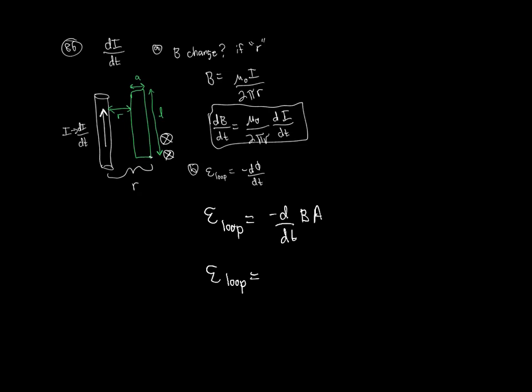Is there a dB/dt? If I'm increasing the current, is the magnetic field going to increase? Yes. Do we know how it's changing? It's increasing. Do we have an equation for it? Yeah, that was part A. We know how the magnetic field is changing, so there's a dB/dt.